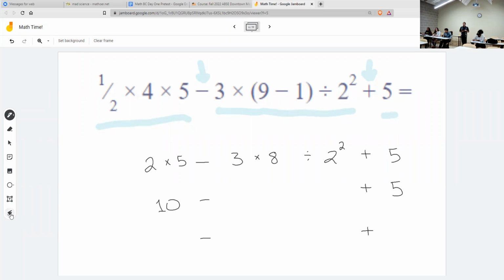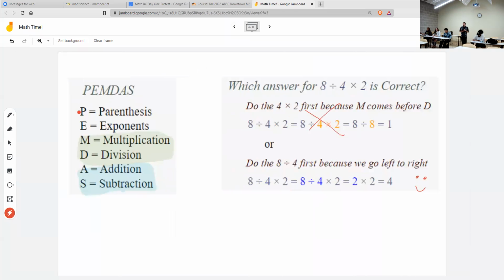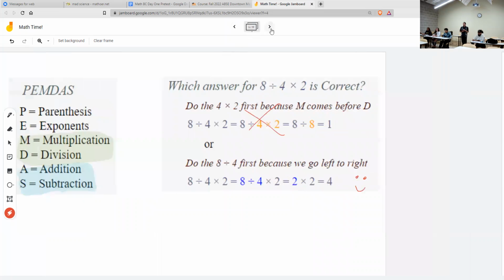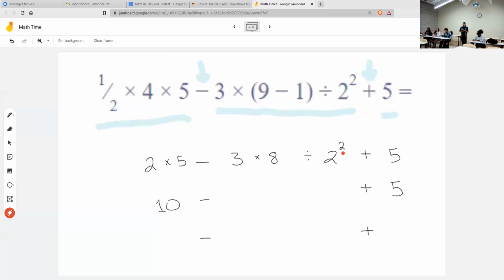Okay, what should I do next with this middle term? Multiply 3 times 2. No, go back to my order of operations. So parentheses, exponents. So 2 times itself, 4. So this middle thing is going to be 3 times 8 divided by 4.